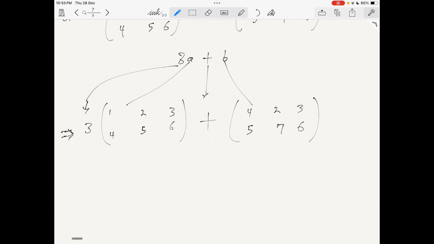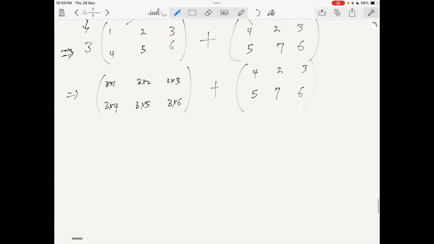We have 3 times 1, 3 times 2, 3 times 3, 3 times 4, 3 times 5, and 3 times 6. Now with this done, we can multiply out, and we have 3, 6, 9, 12, 15, and 18.